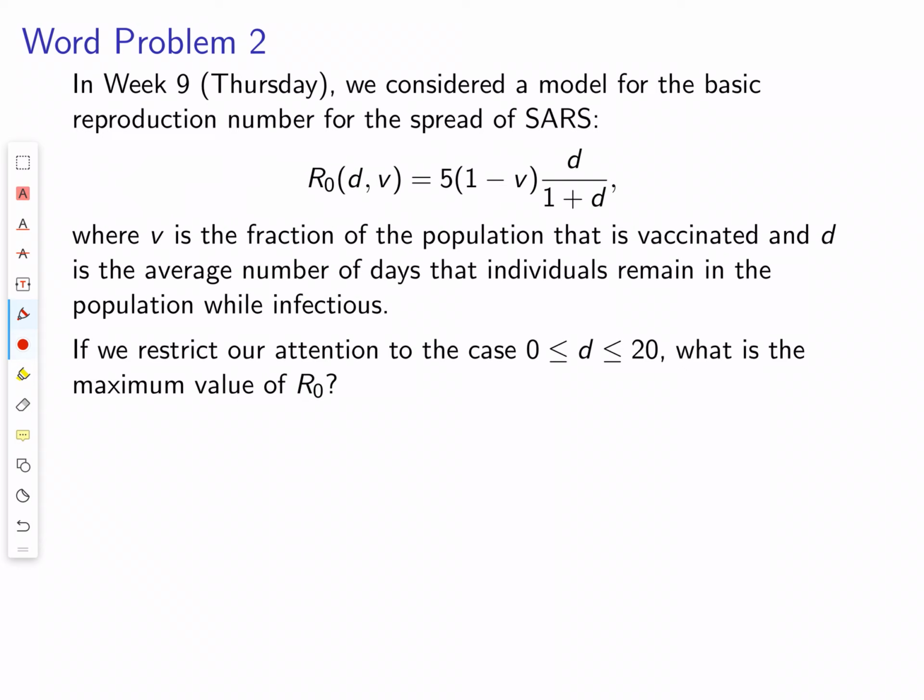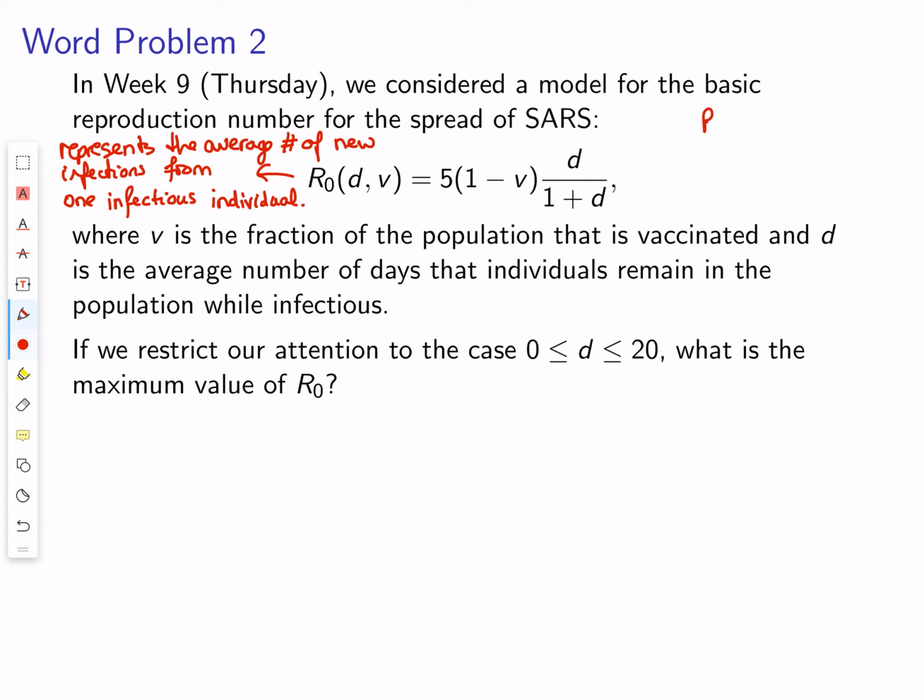Remember that the basic reproduction number represents the average number of new infections from one infectious individual. If R naught is less than 1, the disease will die out, and that's a very good situation, of course.